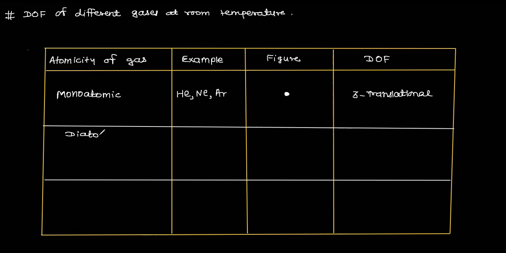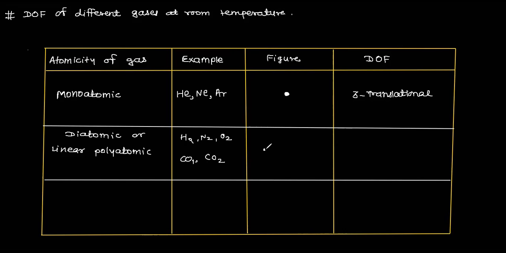Next one is diatomic or linear polyatomic. So the example is what here? H2, N2, O2, next CO, comma CO2, CO and CO2.